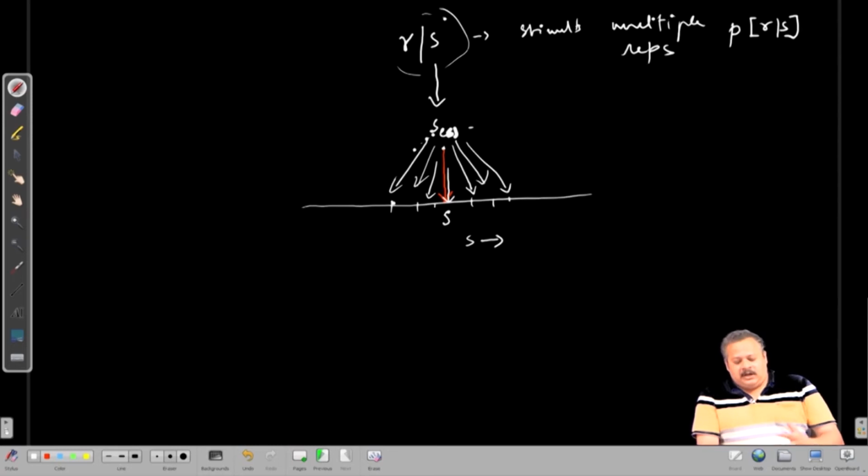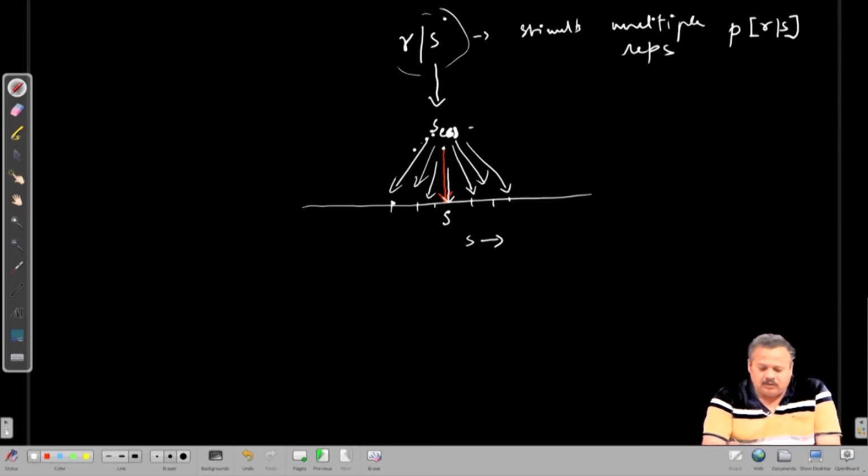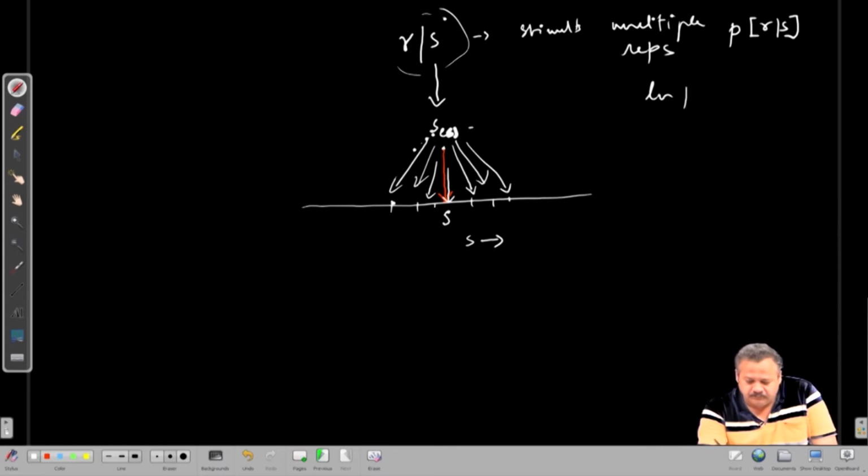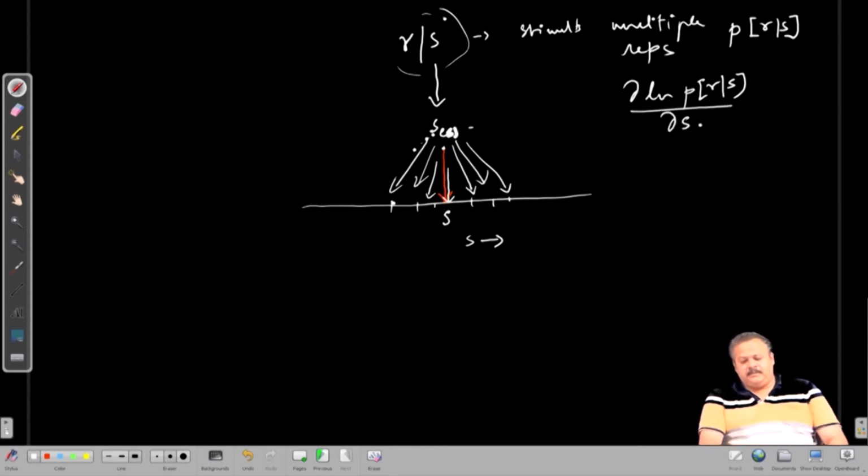Now, earlier we were talking about the score, which is the derivative of log P(R|S) with respect to S. This score says that for a particular distribution of response given a stimulus, how the log likelihood of the response changes with small changes in the stimulus, that is, how sensitive the response is to changes in stimuli.